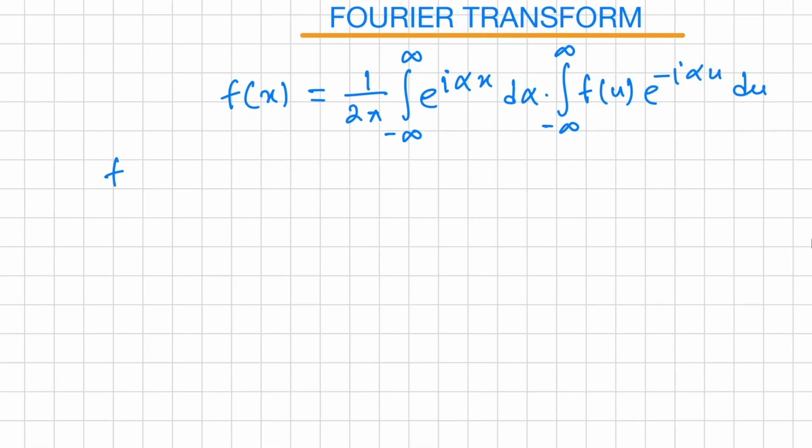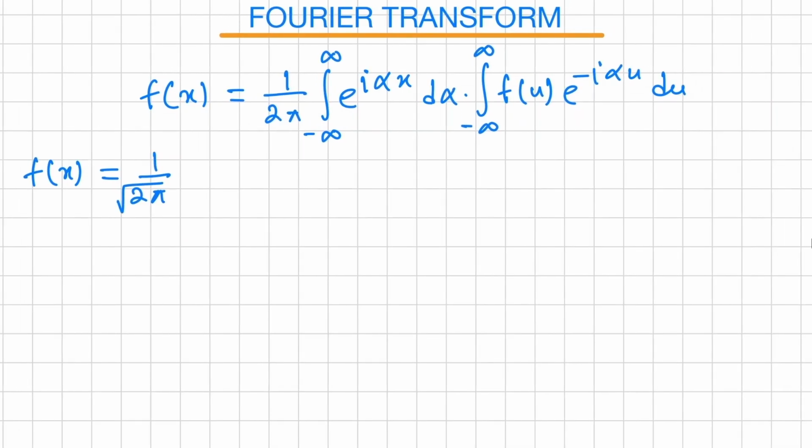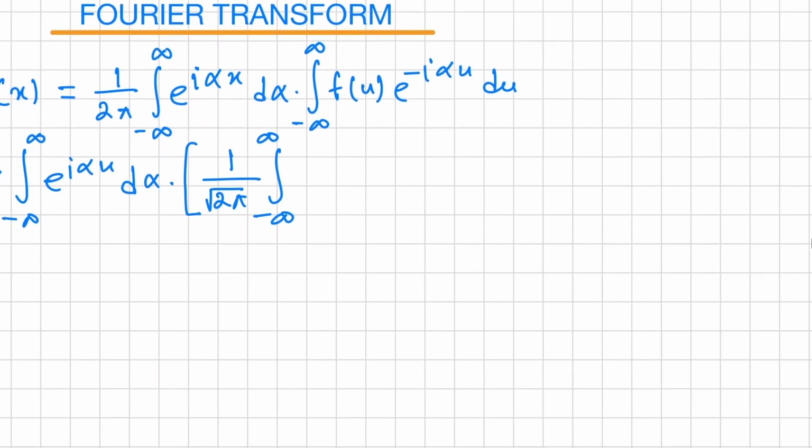Well, now if I want to distribute this 1 over 2 pi to both these integrals, I'll get f of x equals 1 over square root of 2 pi times the integral from minus infinity to infinity of e to the power i alpha u d alpha times 1 over square root of 2 pi times the integral going over the same range again, f of u e to the power minus i alpha u du.